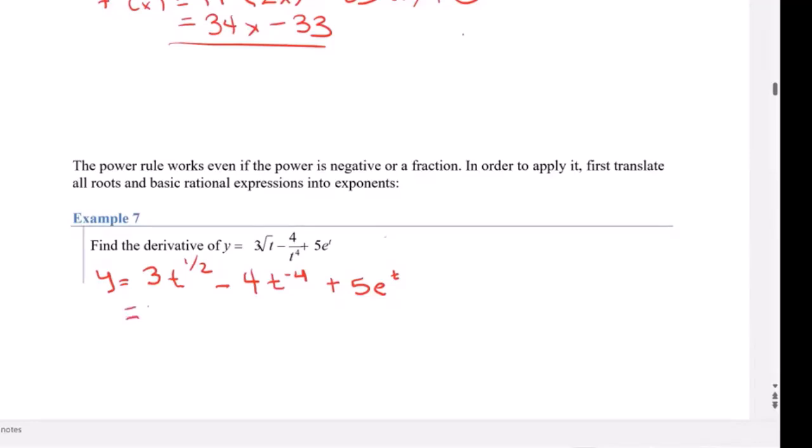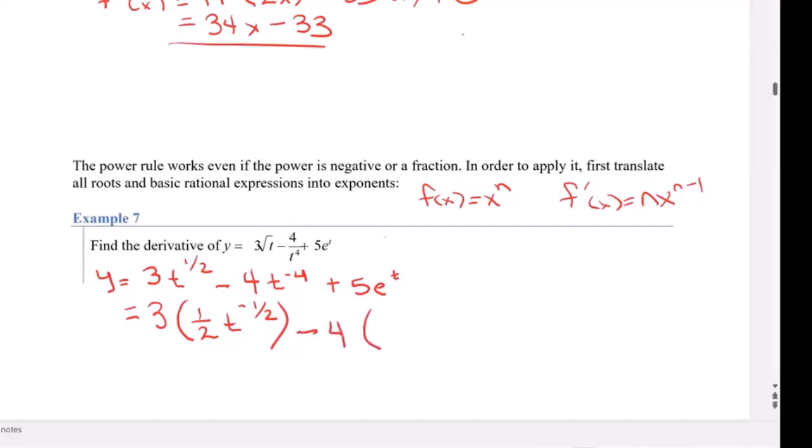All right, so let's start. This equals 3 times, remember the power rule: if f of x equals x to the n, the derivative is equal to n x to the n minus 1. So n is 1/2, so I have 1/2 t to the 1/2 minus 1, which is negative 1/2, minus 4 times the derivative of t to the minus 4.